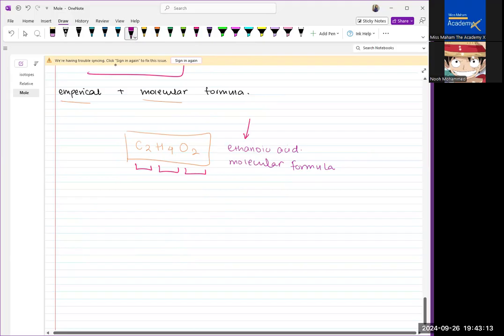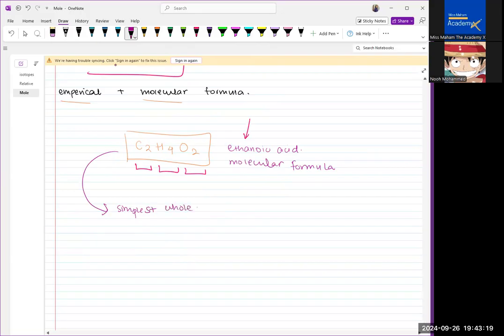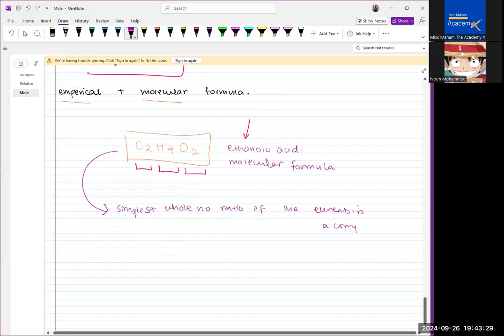And what's an empirical formula? It's the simplest whole number ratio of the elements in a compound.